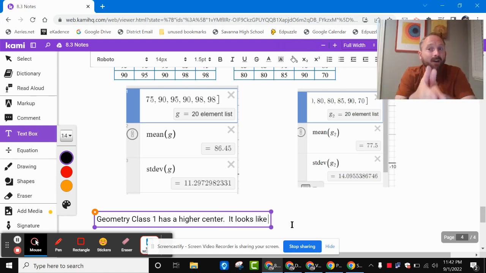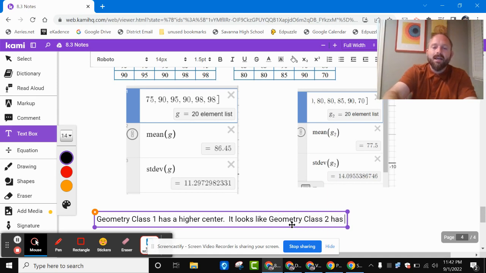Standard deviation is how far it is spreading. How far is it spreading? So in one standard deviation, it's going to go up 14 or down 14.09. It looks like geometry class 2 has a higher standard deviation.